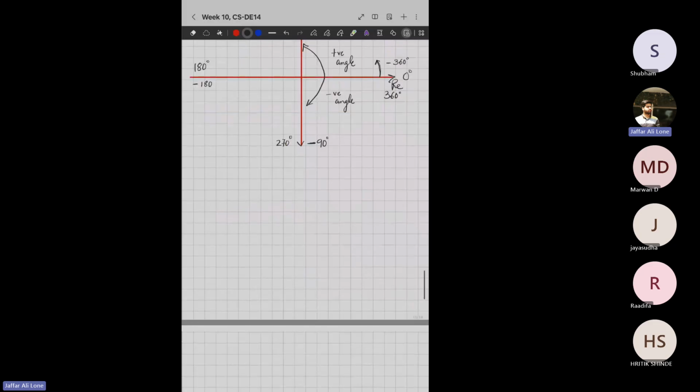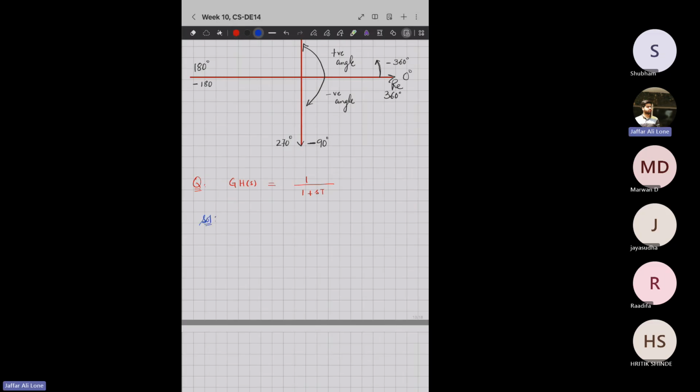Let's do one question. Remember what we have to do: vary frequency from 0 to infinity and plot magnitude as well as the angle. If GH of s is given as 1 divided by 1 plus sT, this is the transfer function given.